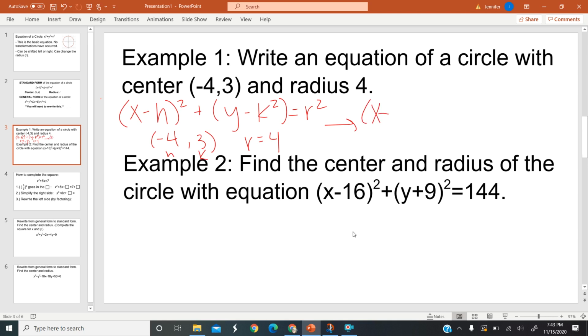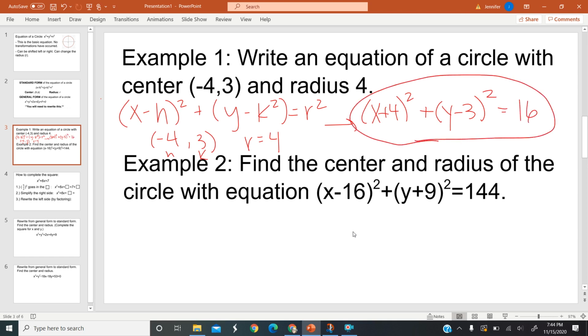I would have x minus -4, so it would end up being (x plus 4) squared, plus (y minus k), so k is 3, squared, equals the radius squared, so that would be 4 squared, which ends up being 16. That would be my equation if I was given that center and a radius of 4.